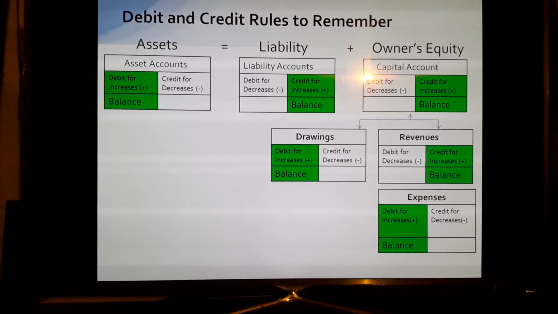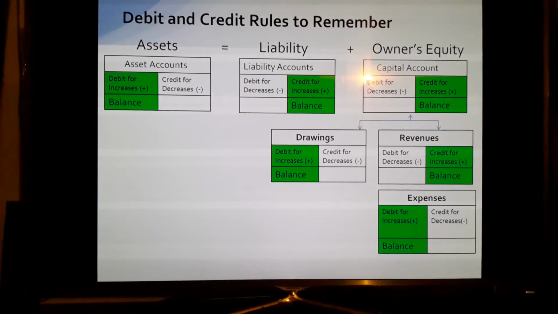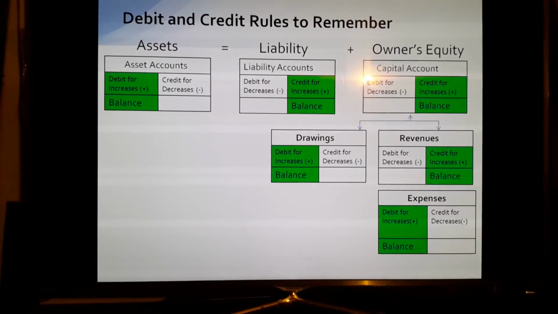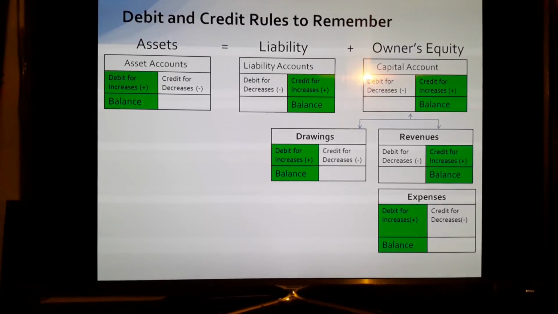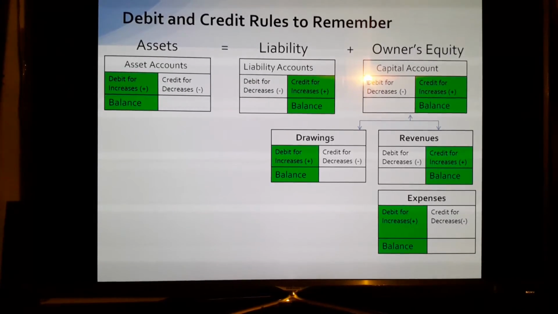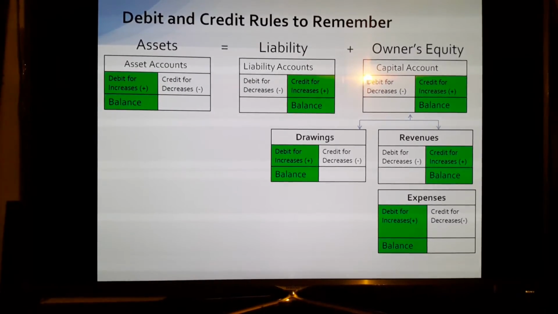If capital accounts increase on the right, then when you withdraw money from the business, the money goes down. So that means drawings increase on the left. You see the green over there in the drawings on the left side.